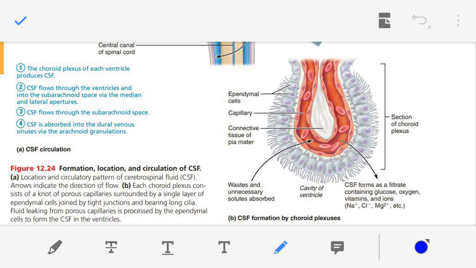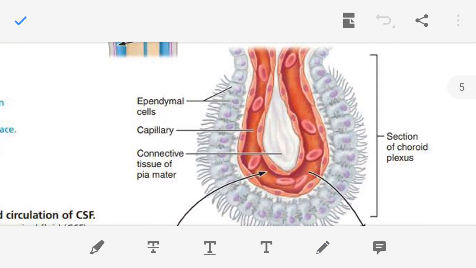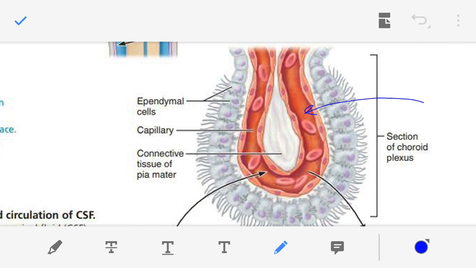So in the structure of choroid plexus, in the center, as you can see, they are showing connective tissue of pia mater. This is the connective tissue of pia mater, and here also the pia mater is present, and this red in color is the blood capillary.